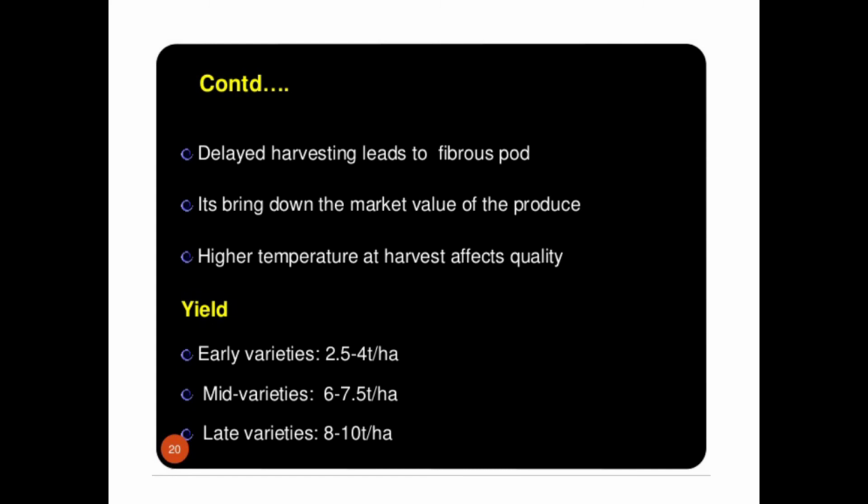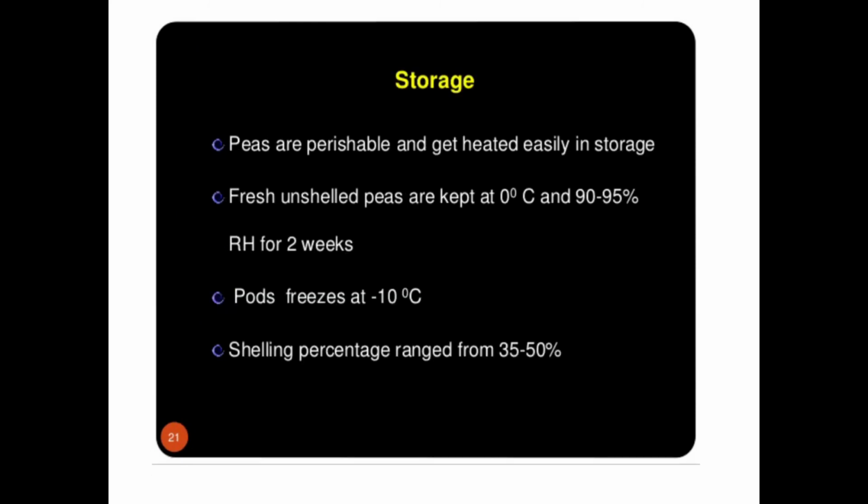Yield for early varieties 2.5 to 4 ton per hectare, for mid varieties 6 to 7.5 ton per hectare, for late varieties 8 to 10 ton per hectare. It's about harvesting and yield of pea. The next point, storage. Peas are perishable and get heated easily in storage.